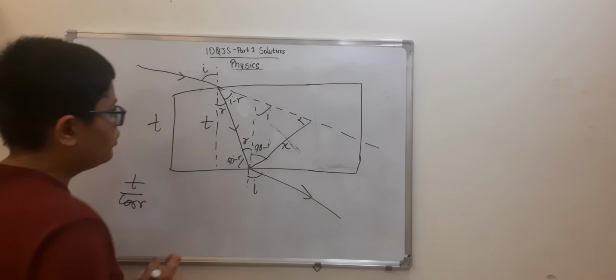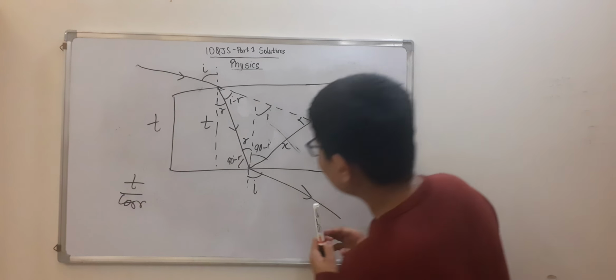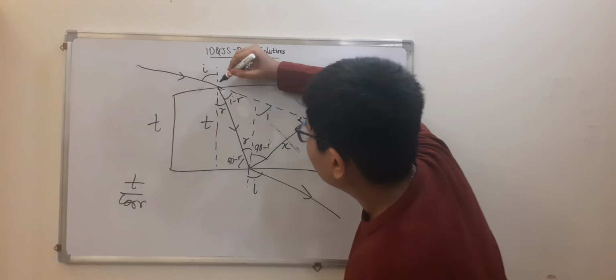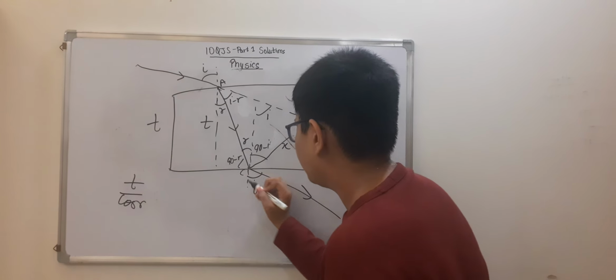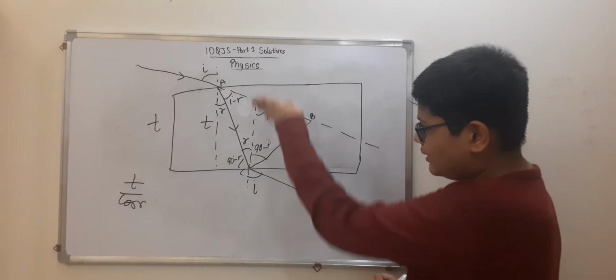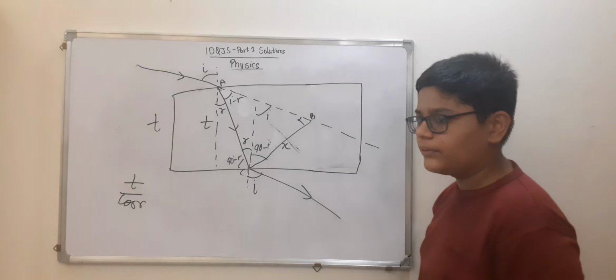Now if you visualize in A, B, C, suppose, in triangle ABC it is a 90 degree triangle.